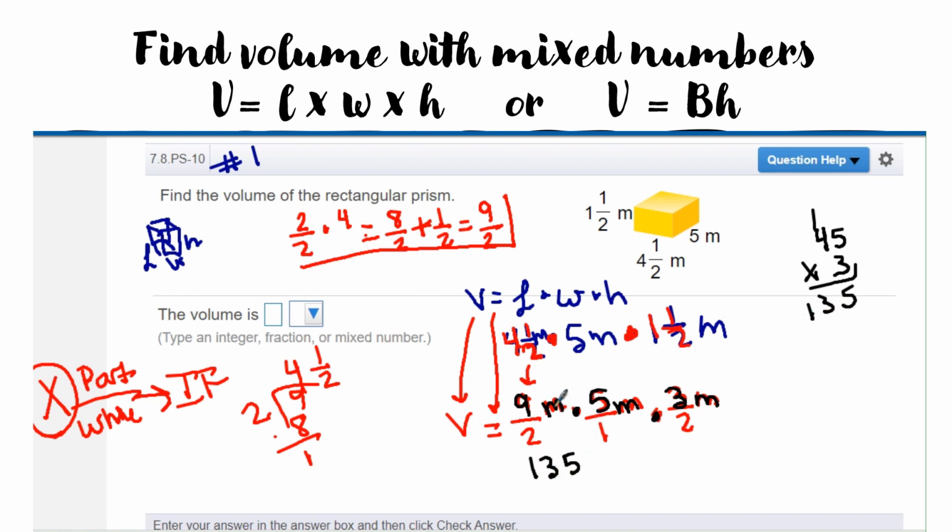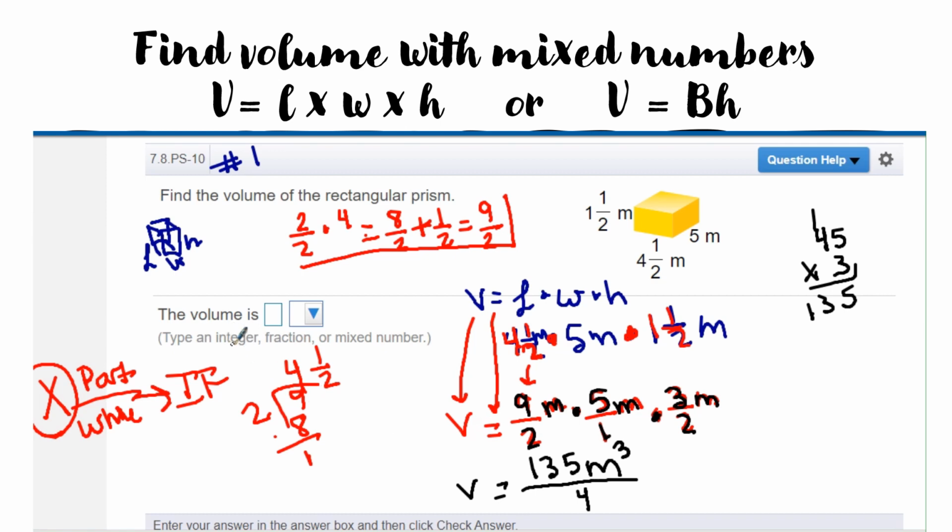And then in my numerator, I have meters times meters times meters. And since I have meters as a repeated factor 3 times, I'm going to put an exponent of 3. For my denominator, I'm going to multiply 2 times 1 times 2, which is 4. So now I have to divide to get my final answer.